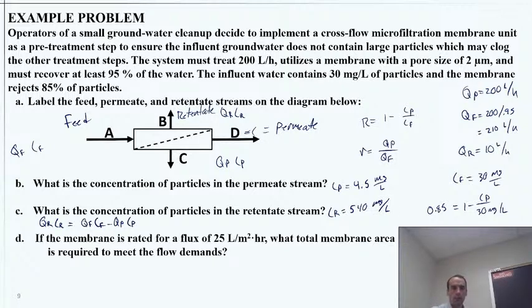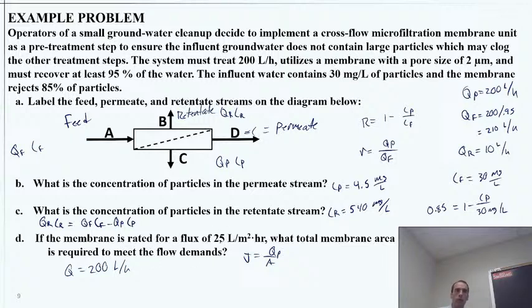Okay, so then part D says if the membrane is rated for a flux of 25 liters per square meter per hour, what total membrane area is required to meet these demands? All we have to do here is say that flux is the flow across some area. So our flow rate, which should be our permeate flow rate, has to be 200 liters per hour.